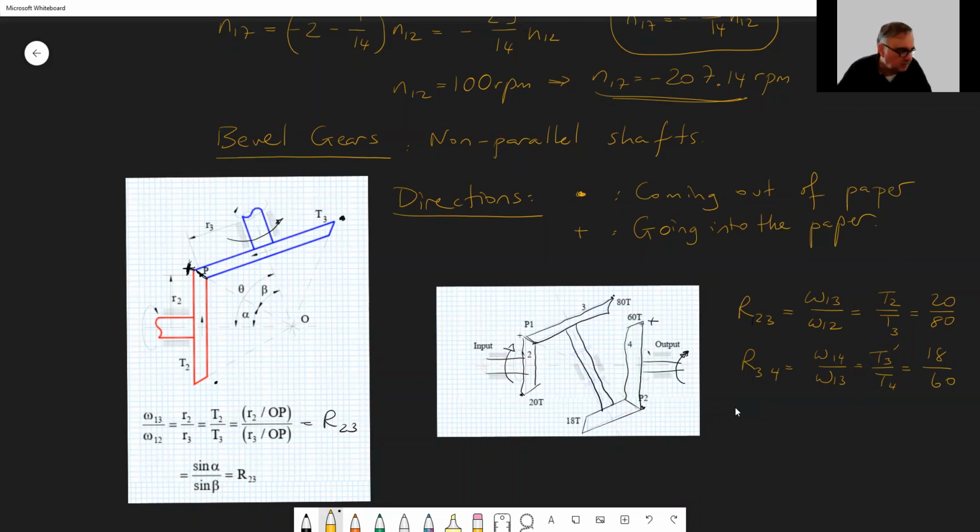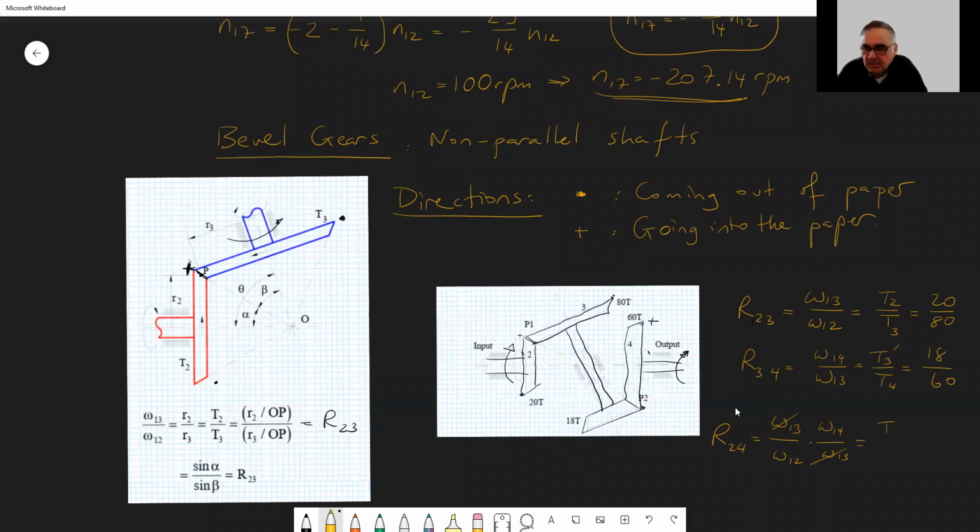So, for example, you can say R24 is equal to, well, 2 and 4 input and the output is, you just multiply these, omega 1, 3 over omega 1, 2 times omega 1, 4 over 2, so these cancel.